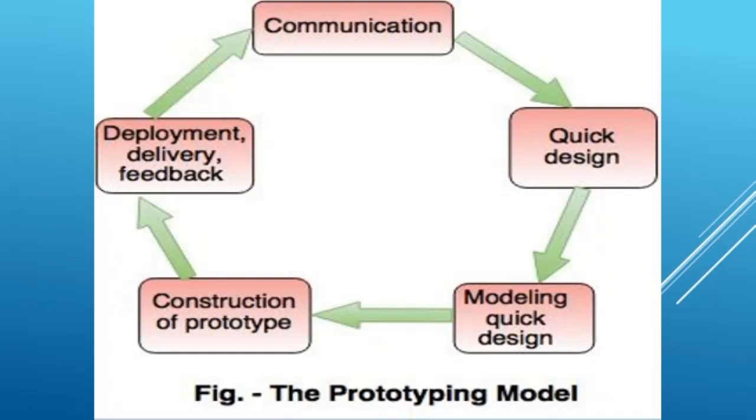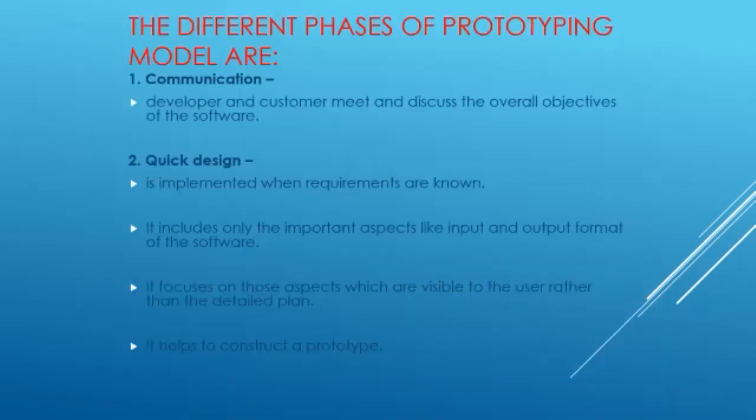In that, there are 5 phases. First one, communication, quick design, modeling, quick design, construction of prototype, and deployment, delivery, feedback. These 5 phases are connected to each other in this prototyping model.